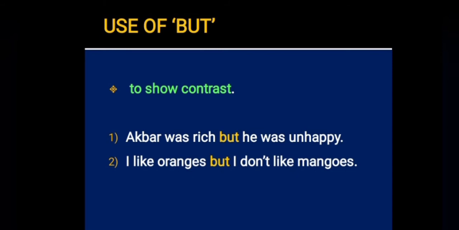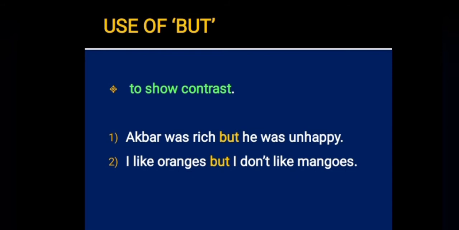Now, if you look at these two sentences, you will find that in each sentence, two different ideas which seem to be in conflict with each other have been displayed. And the conjunction "but" has combined two opposite ideas together.